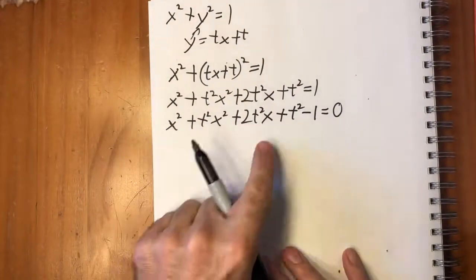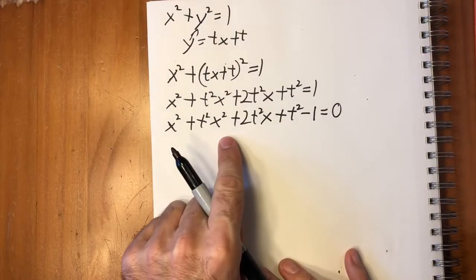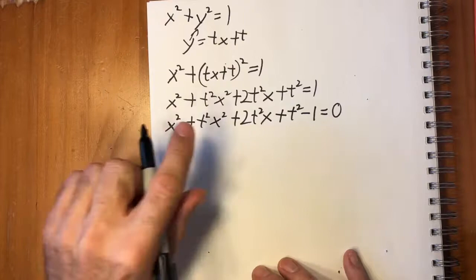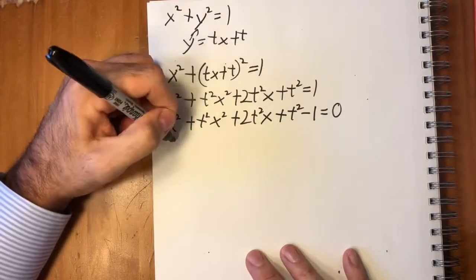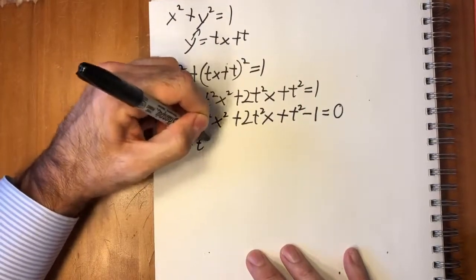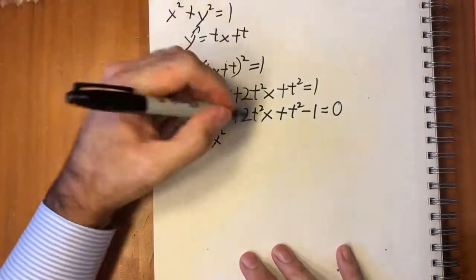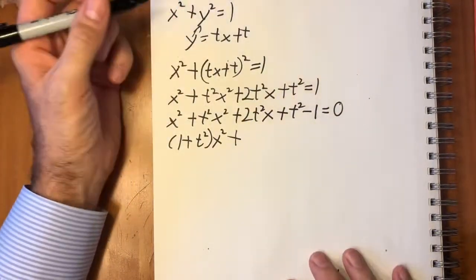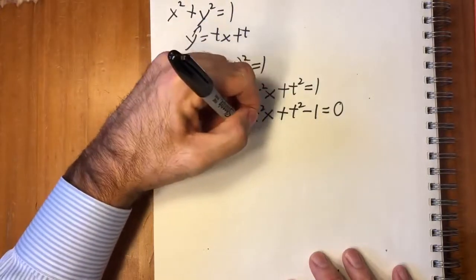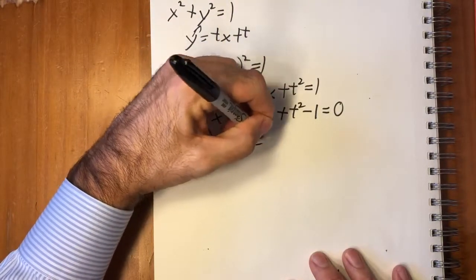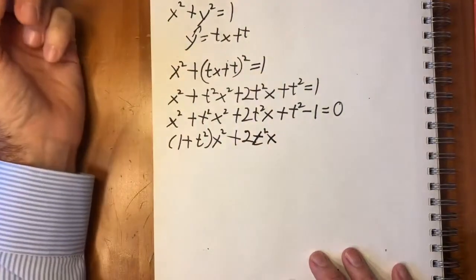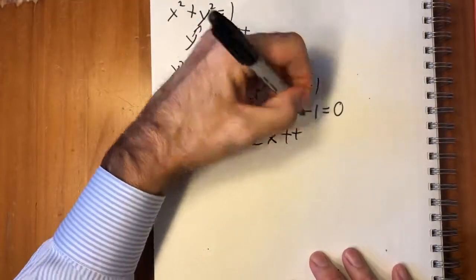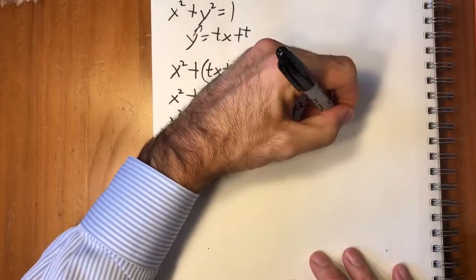Now let's just gather terms. If we take out the x squared, we have (1 plus t squared) x squared plus 2t squared x plus t squared minus 1. There's nothing really new there. How about that? Didn't really do anything.